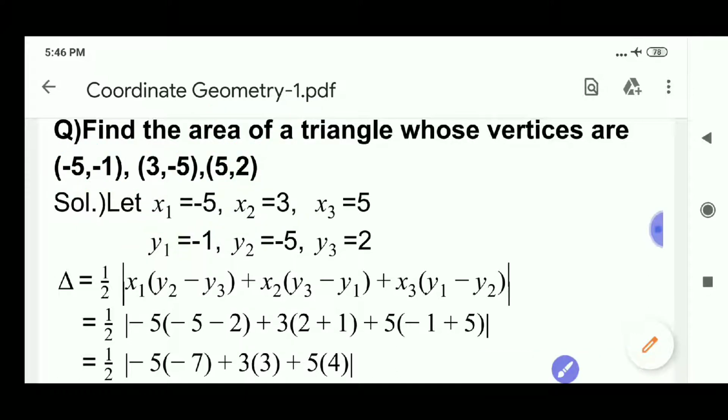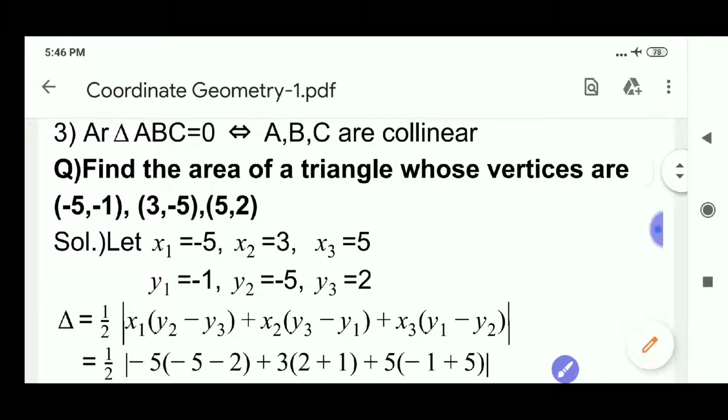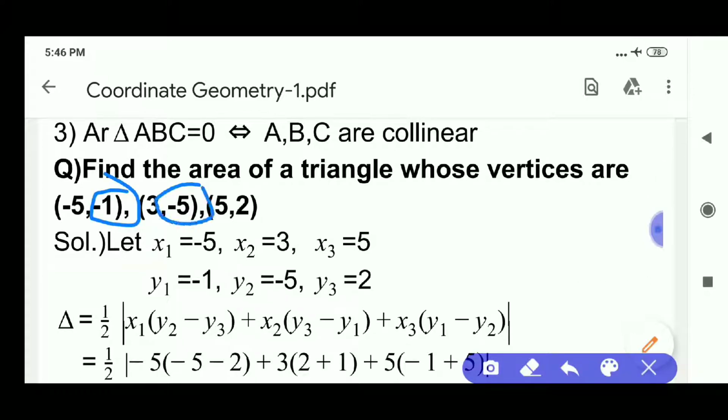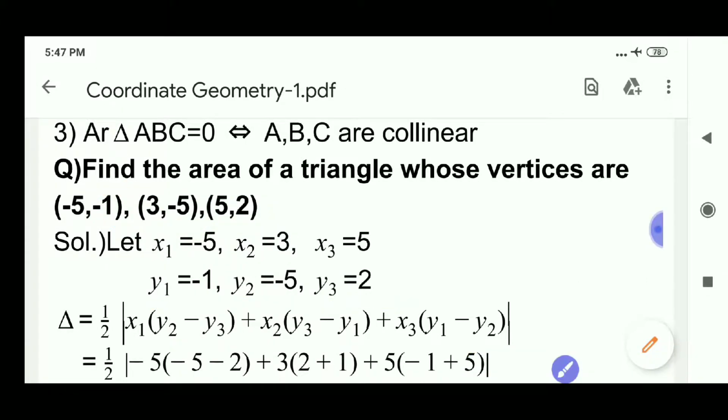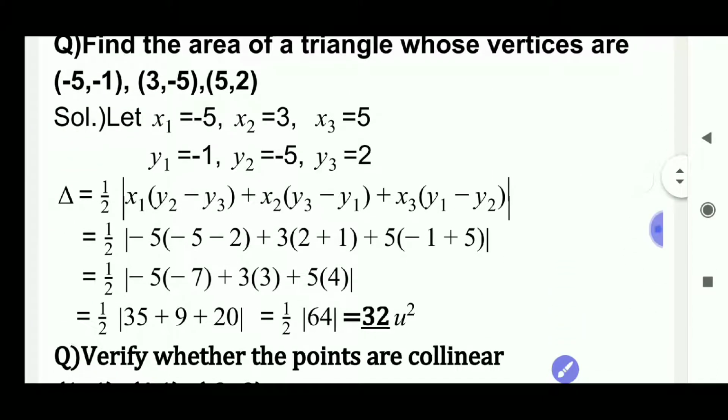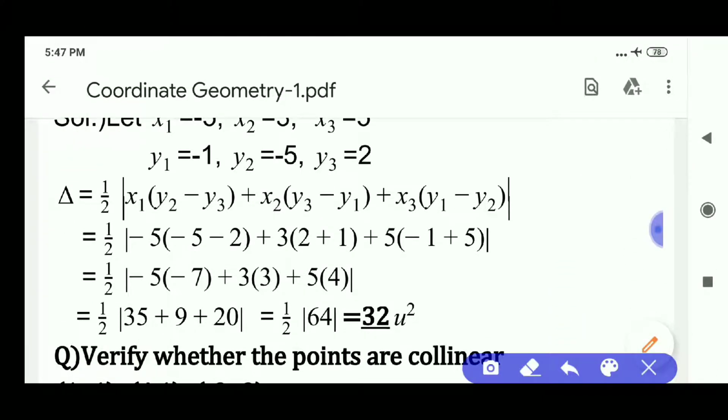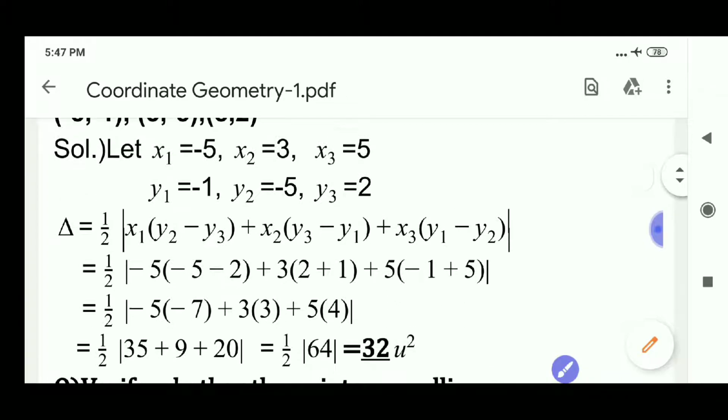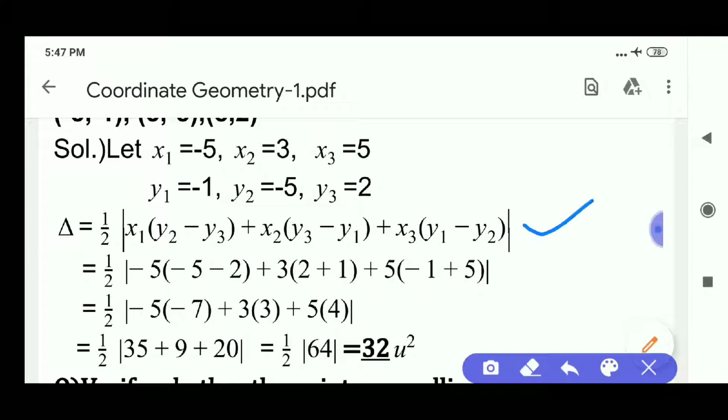What about y? y1 is minus 1, y2 is minus 5 and y3 is 2. Now we have to substitute these in the formula. The formula is half modulus x1 into (y2 minus y3) plus x2 into (y3 minus y1) plus x3 into (y1 minus y2).